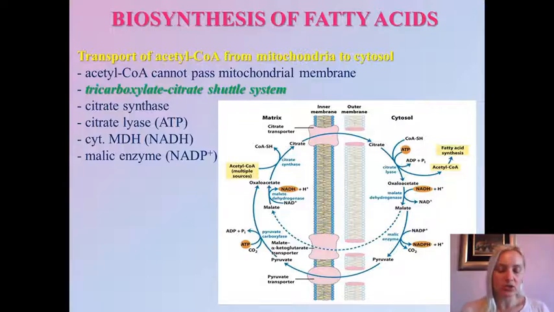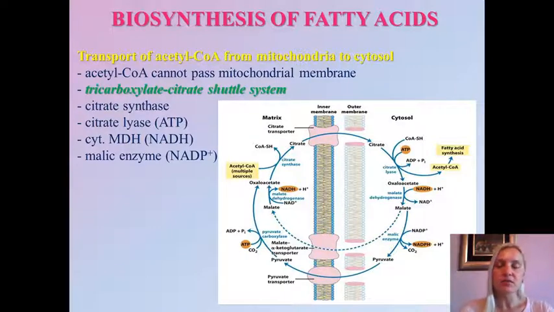So we have some kind of problem. I'm talking all the time about cytosolic acetyl coenzyme A, because if you remember, the biosynthesis of fatty acids occurs in cytosol. But if you know from our previous topics, acetyl coenzyme A is synthesized in mitochondrion. So we have degradation of glucose to pyruvate.